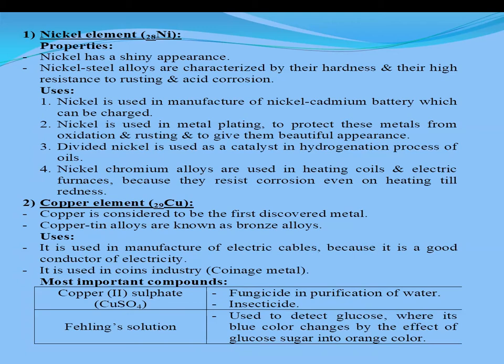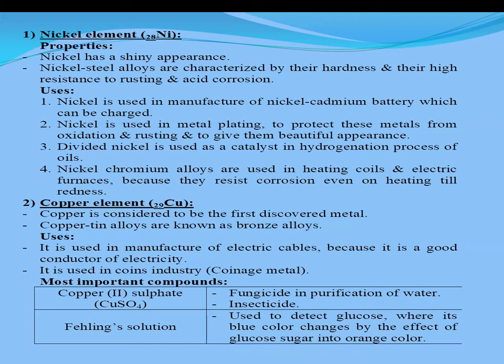The 9th element is copper, which is Cu29. Copper is considered to be the first discovered metal. Copper-tin alloy is known as bronze. Copper is used in manufacture of electric cables because it's a good conductor of electricity.